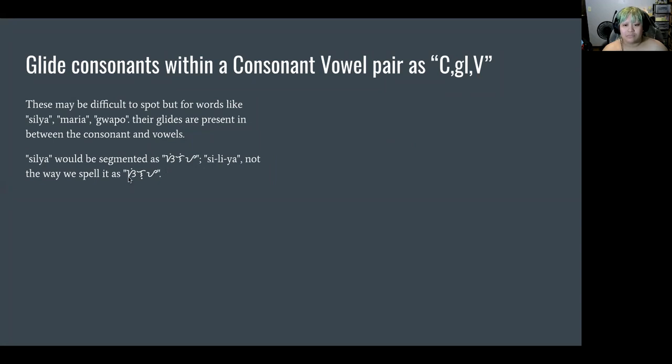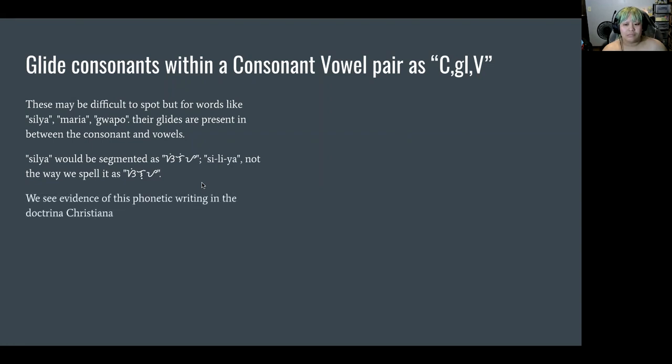We wouldn't spell it as Sa with the dot on top, La with a cross, and then a Ya, because you wouldn't be able to pronounce it properly; it would be read as Sil-ya, not Si-li-ya. The segmentation, the use of the cross, actually allows us to see where the syllable boundaries are. So it's one word, not two.